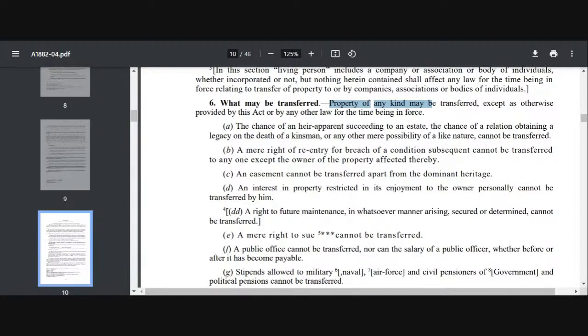So at what places is registration compulsory? If you see gifting, in case of gift you have to register it. In case of sale, sale of any immovable property exceeding 100 rupees, you have to register it. सेल ऑफ रिवर्जन और अदर intangible property also आपको करना है. लीज फ्रॉम ईयर टू ईयर और फॉर अ टर्म एक्सीडिंग 1 ईयर को आपको रजिस्टर करना है. सिंपल मॉर्गेज को तो आपको रजिस्टर करना ही है irrespective of the amount secured.